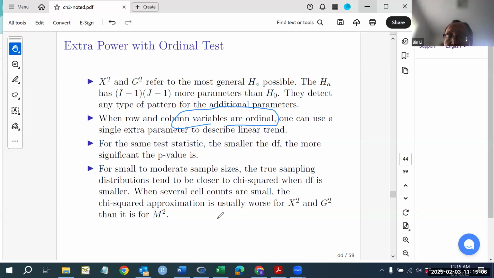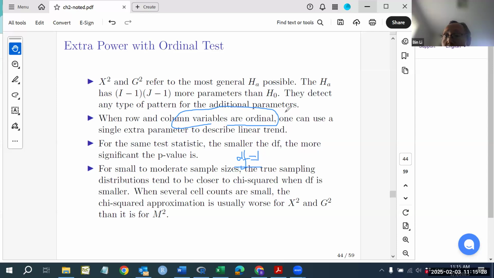The third reason is that the M-squared statistic follows a chi-square with 1 degree of freedom. That means the smaller the degrees of freedom, the more significant the p-value is.